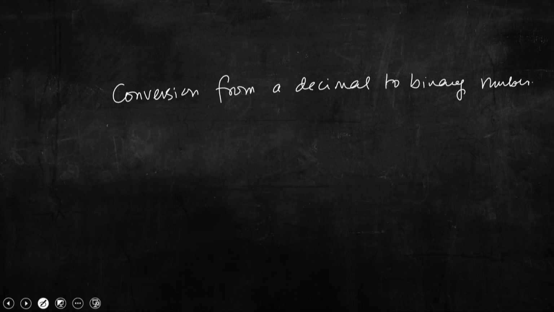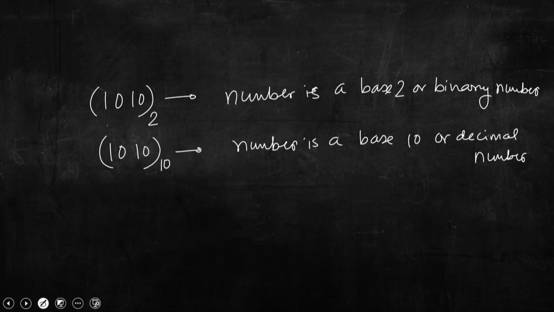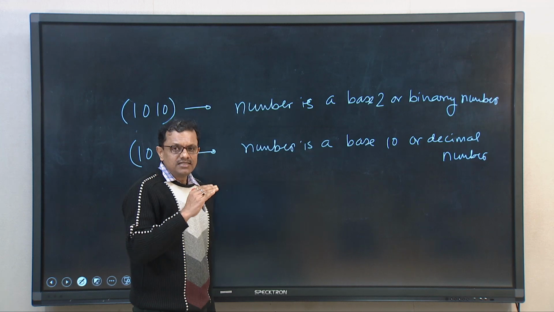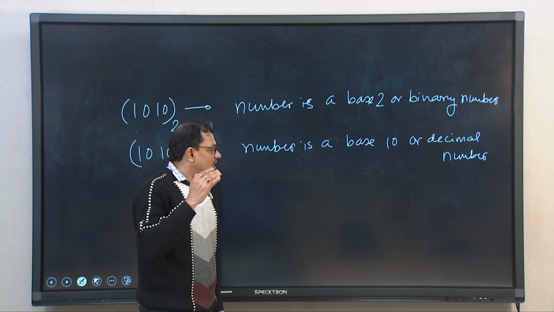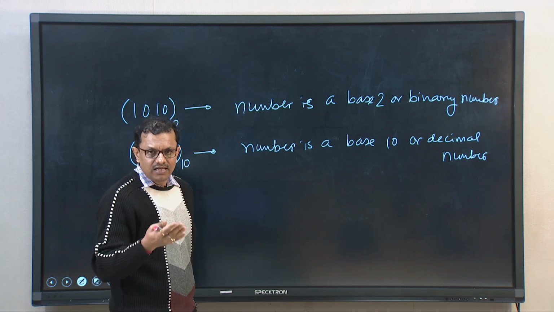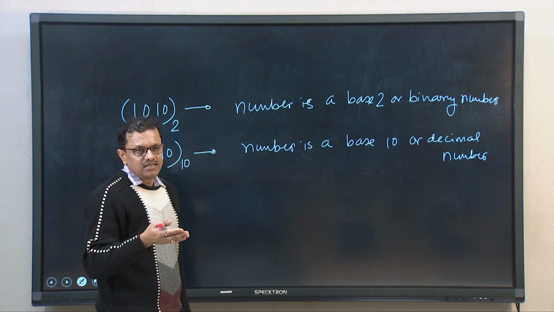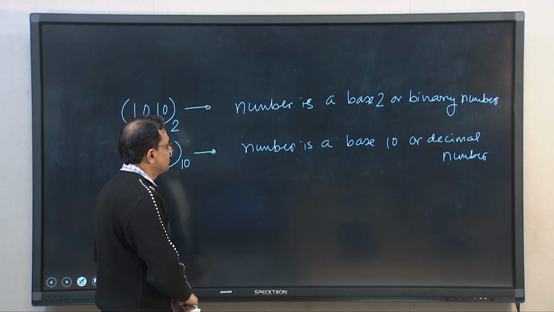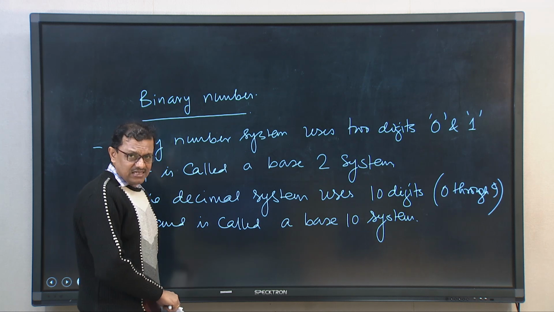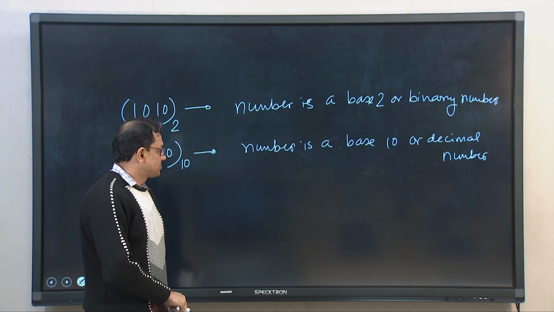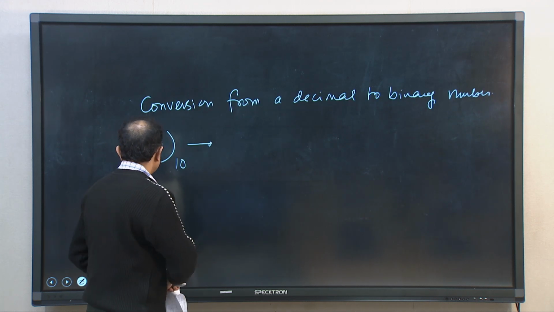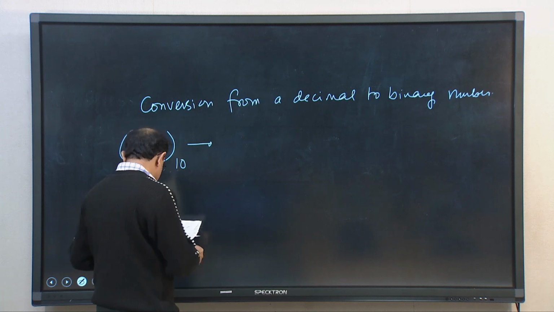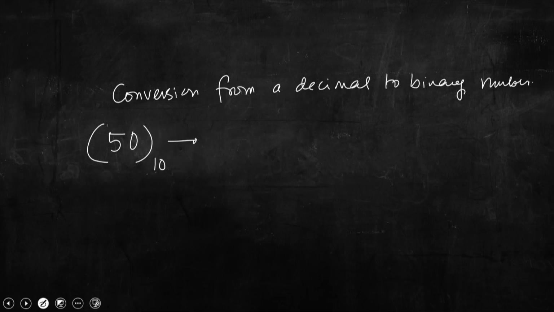Following our previous discussion, this is a base 10 or decimal number, because it has 10 digits, 0 through 9. So, to convert it into a binary number, let us write like this.